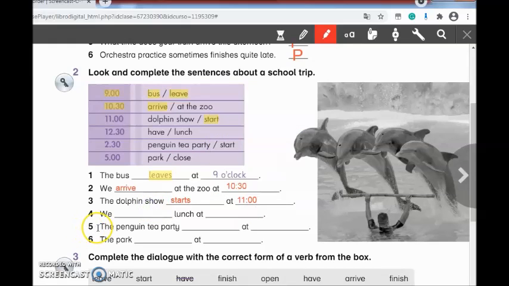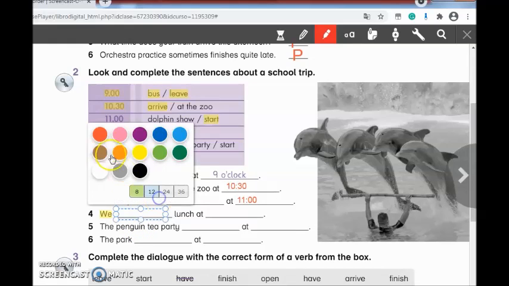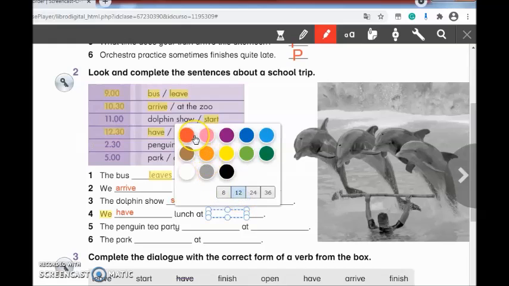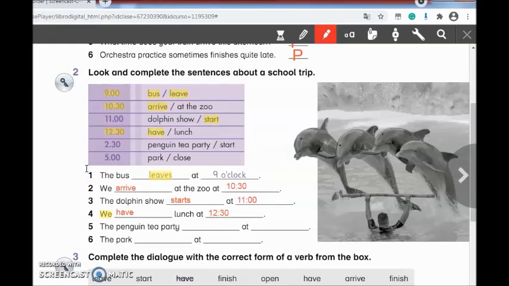Number 4. We, here we have the subject we. We need the verb have. We will put here have. Lunch at 12:30. So here we will write the time, 12:30. Number 5. The penguin tea party.